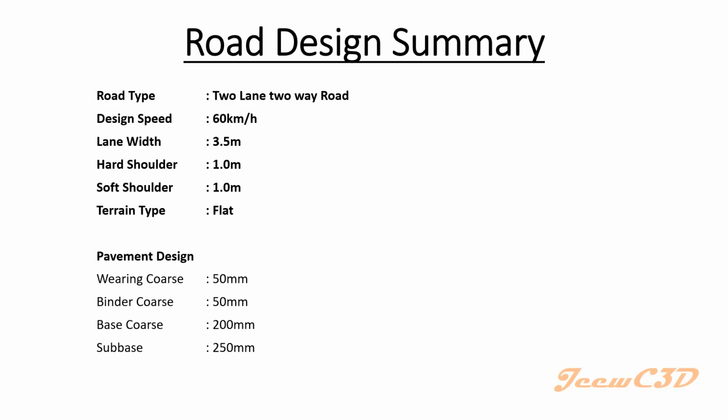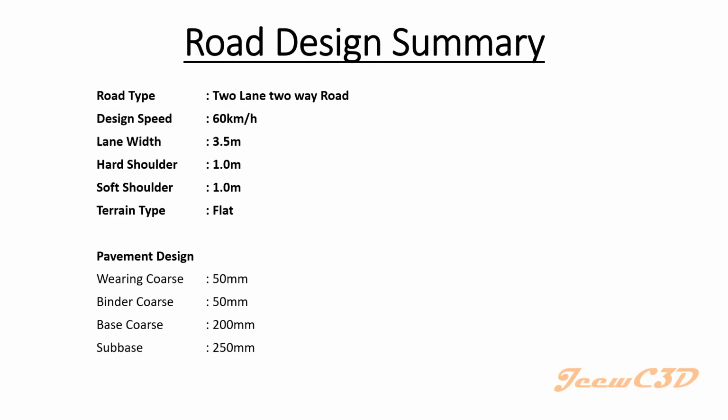You need this in road designing. It is given as bearing course 50 mm, binder course 50 mm, base course 200 mm and sub base course 250 mm. So we will use this data later in the Civil 3D video.